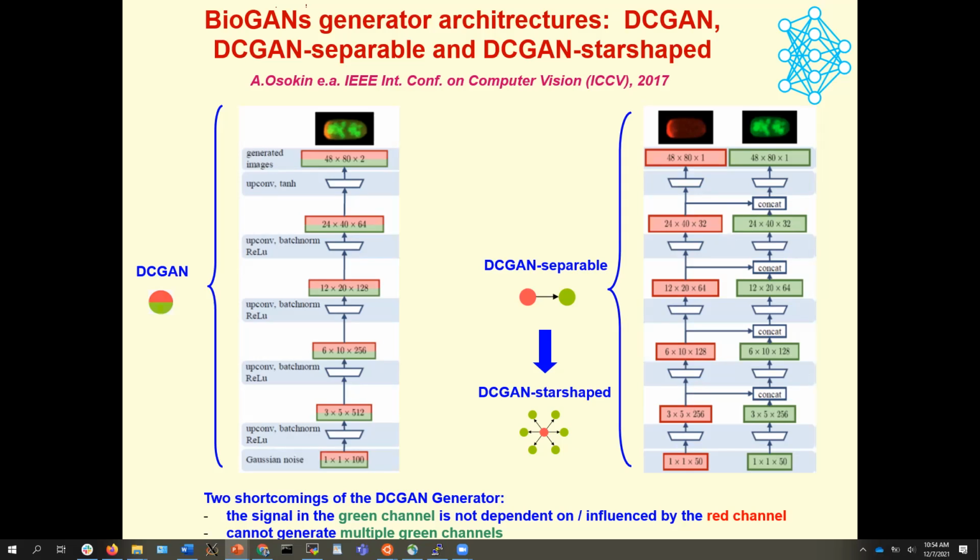I don't understand how you can concatenate the red channel to the green channel so they become dependent. Concatenation operation is basically, I don't have a slide specifically for concatenation, but you have one tensor and you have another tensor, and then you create a concatenation, which means you create a sandwich.